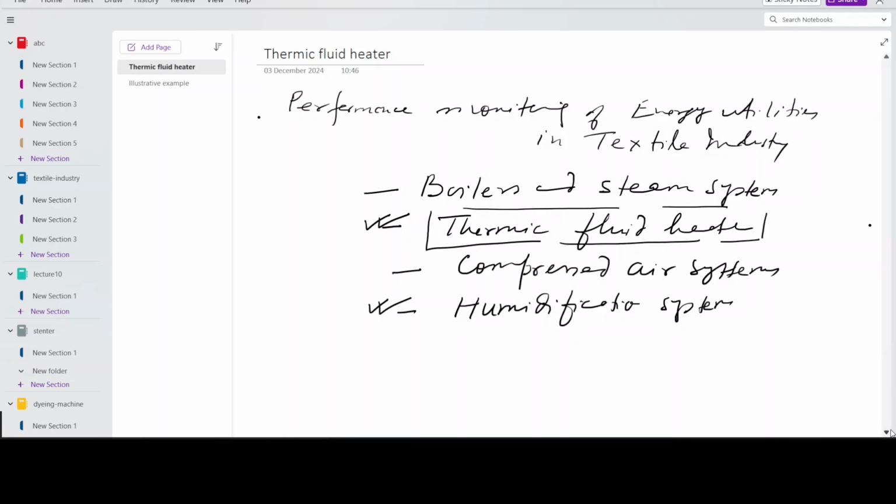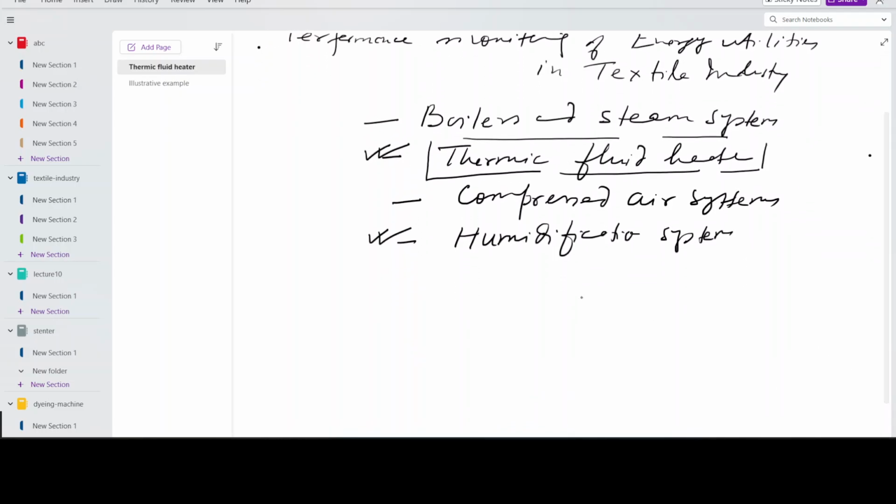What is thermic fluid? Thermic fluid is petroleum based fluid.